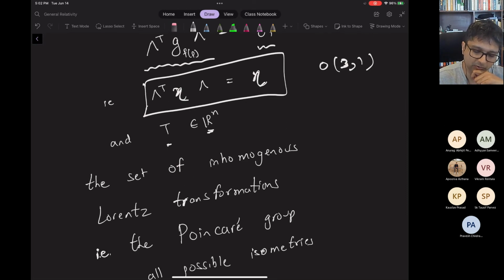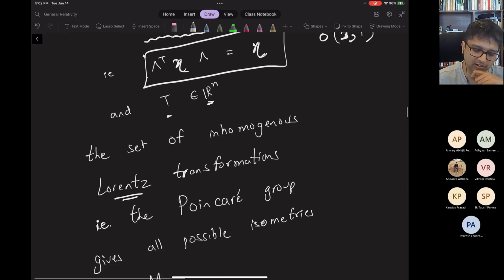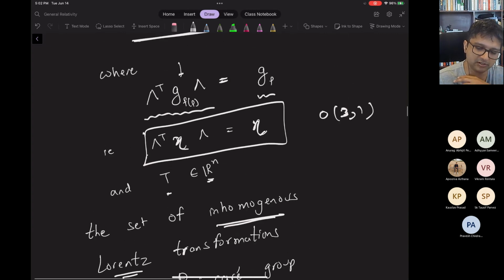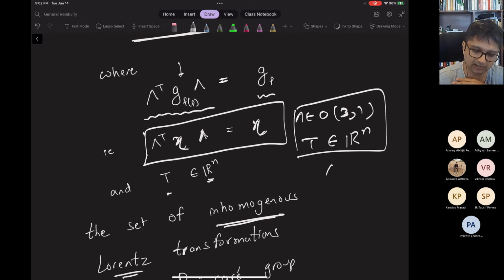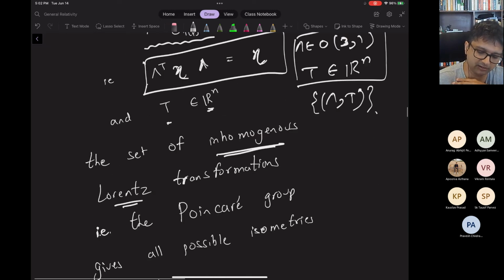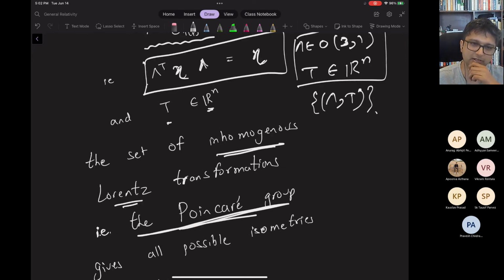This is the set of inhomogeneous Lorentz transformations. If I take the combined set of all possible lambdas, Lorentz transformations belonging to O(3,1), and column vectors T belonging to Rn, that defines for me the inhomogeneous Lorentz transformations, or equivalently the Poincare group.